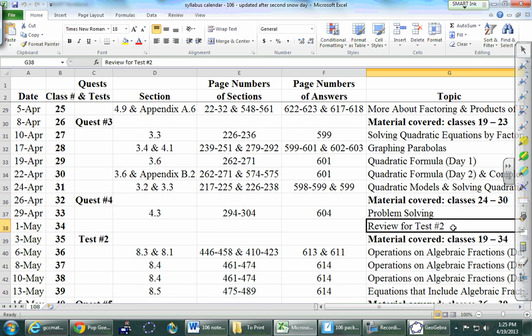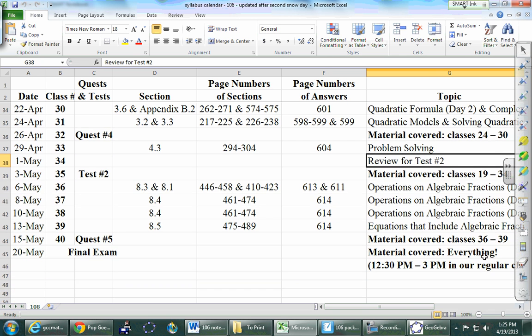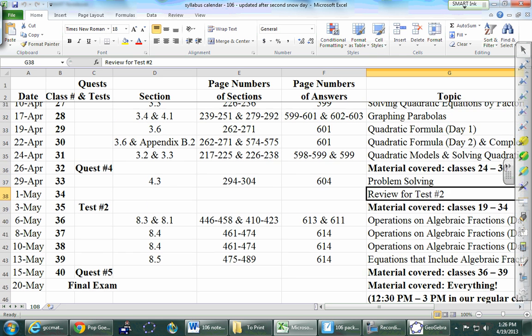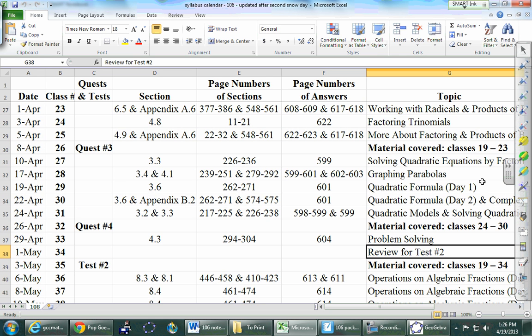There is a review day for the test. No more snow. Okay, yeah, Tenzin. Can we have what? A cheat sheet. You may not have a cheat sheet. I have to ask my more experienced counterpart.